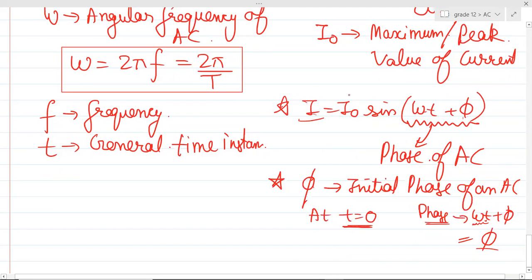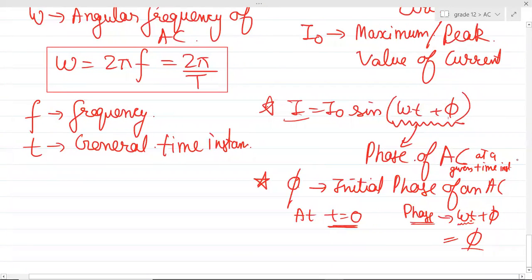This is the maximum or peak value of current. Omega is the angular frequency. T is any general time instant. Phi is the initial phase. The whole thing in the bracket is called the phase. Omega can be written as 2 pi f or 2 pi by T, it's up to you. Here, phase of AC at a given time instant t.